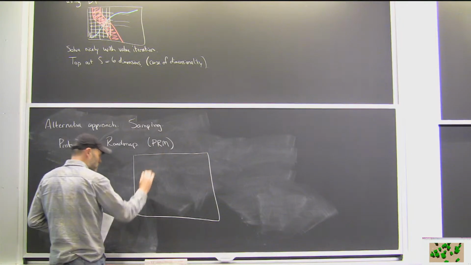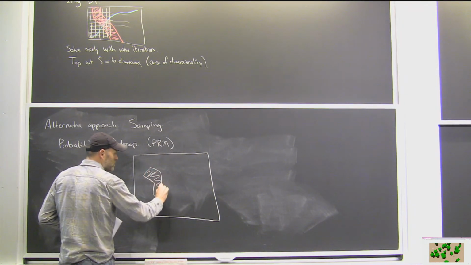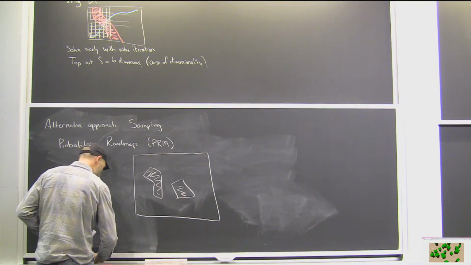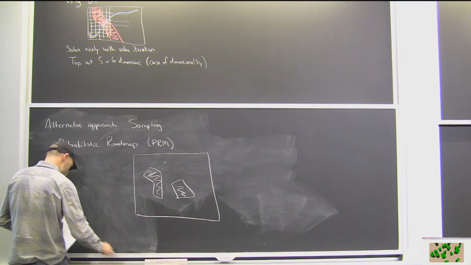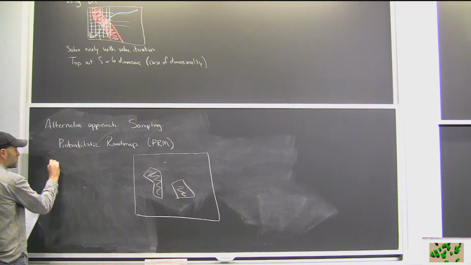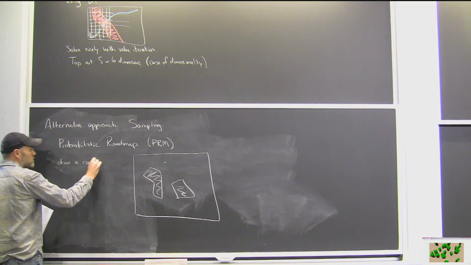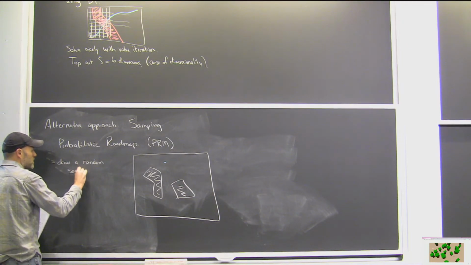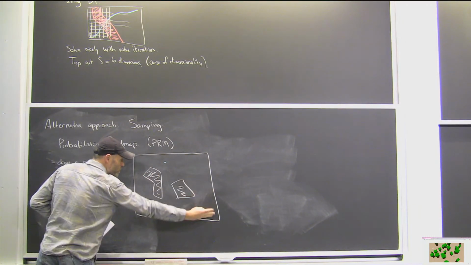So you've got your complicated obstacle-ridden space. It's just going to start sampling in the space. Okay, typically just uniformly over the entire space.